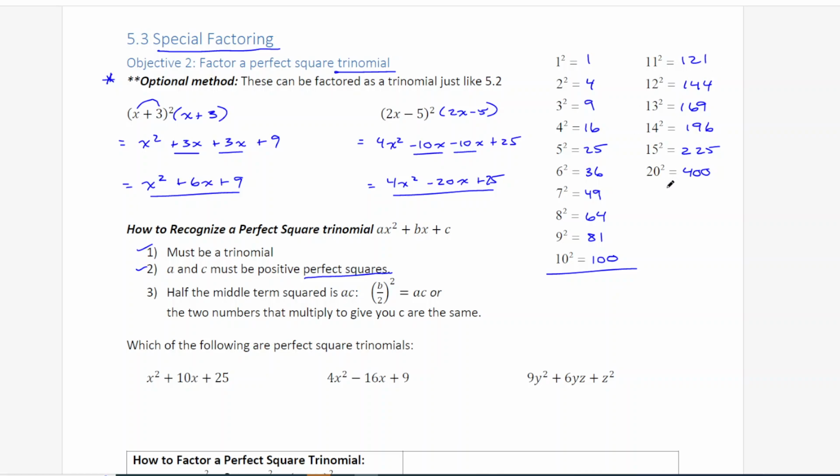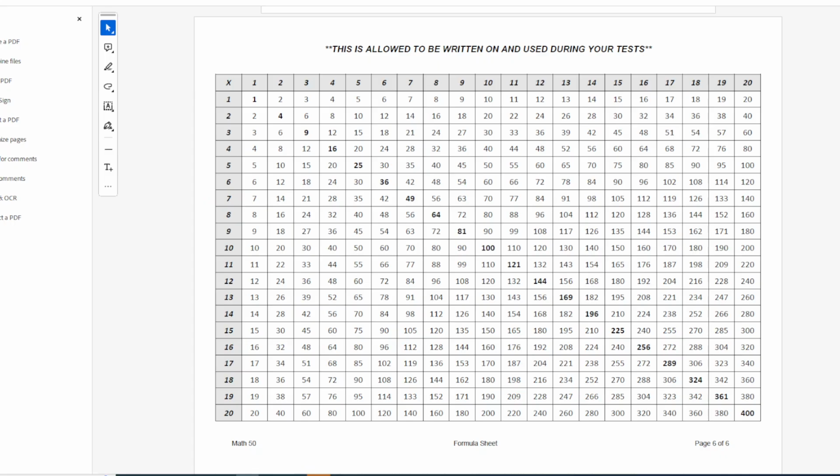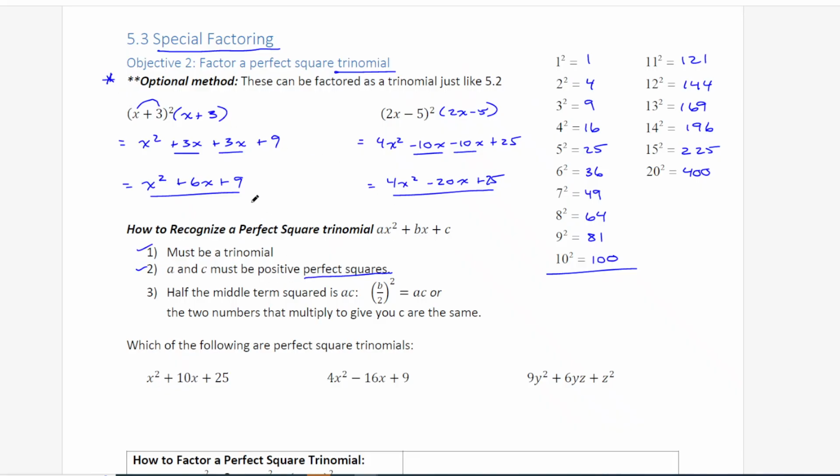You'll also notice that if you go to your formula sheet, so here we go, I just opened your formula sheet, you'll notice that those perfect squares are the diagonals, so 1, 4, 9, 16, and so on. So if you don't have them memorized, but you have this out when you're doing the factoring work, you can look for those there. Okay, so first things first, they have to be a trinomial. The front and the back numbers have to be perfect squares, and then here's that weird part.